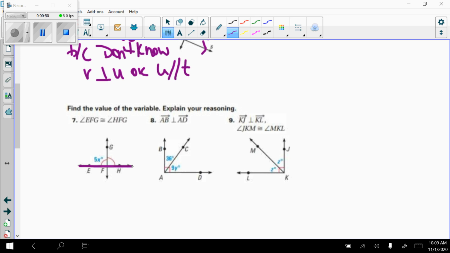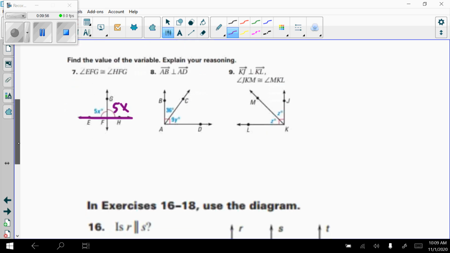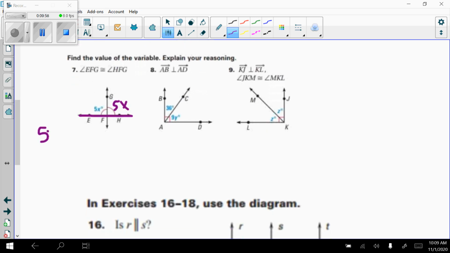If this one is 5x and this angle HFG is congruent to that, then that is also 5x. So the equation that I could write would be 5x plus 5x equals 180. Combine my like terms. So 5x plus 5x gets me 10x equals 180. To solve for x, I need to divide by 10. So I get x is equal to 18.